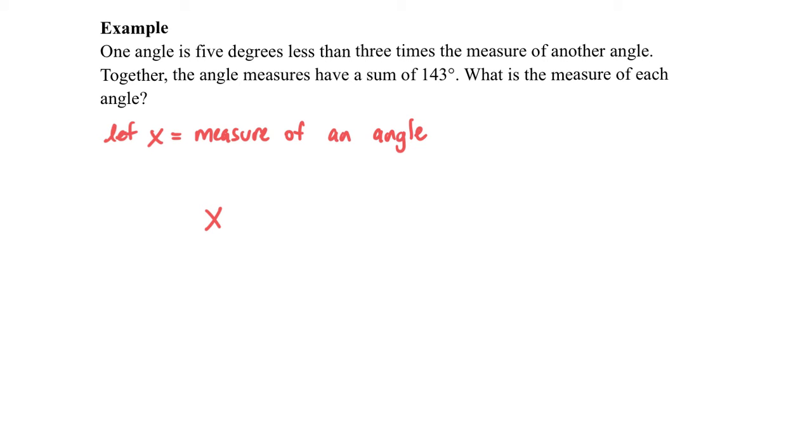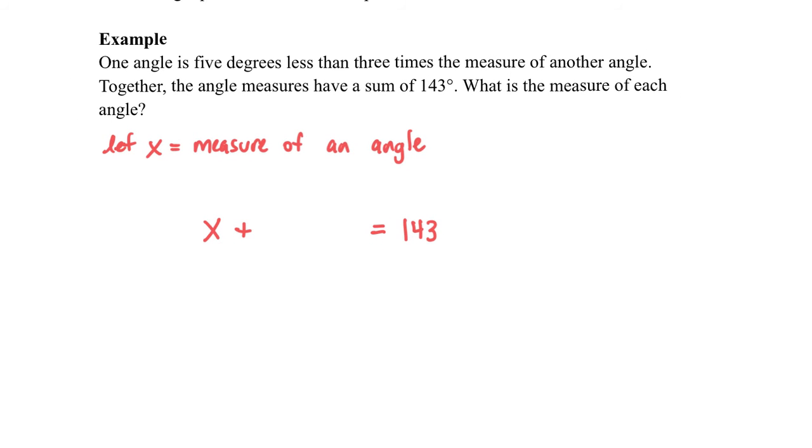And it says up here that together they have a sum of 143. So I'm going to add to this something, and then that's going to equal 143. So what I have to do is figure out the measure of this other angle, the one that goes here. And it says one angle is 5 degrees less than 3 times the measure of the other angle.